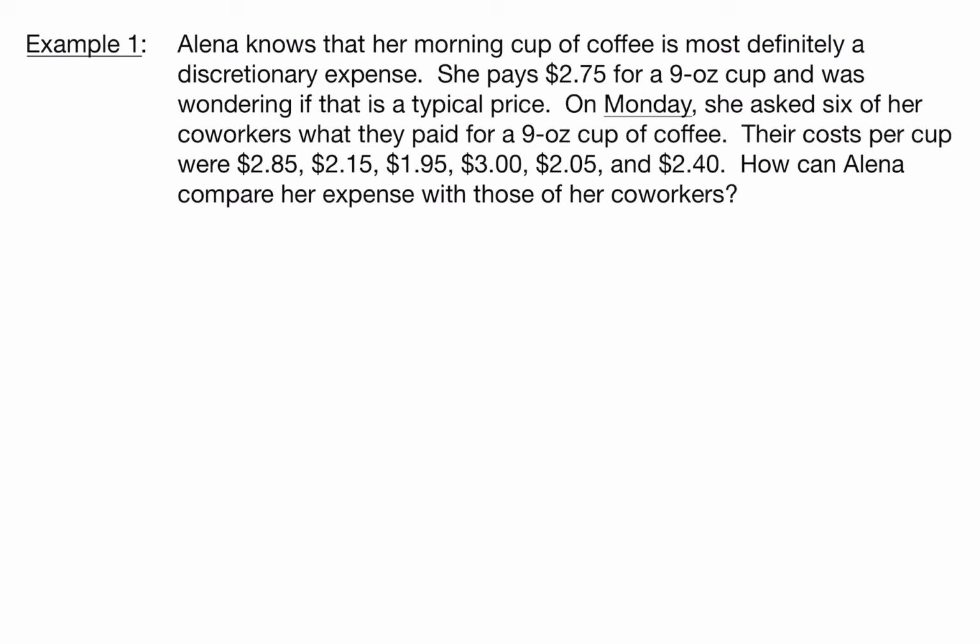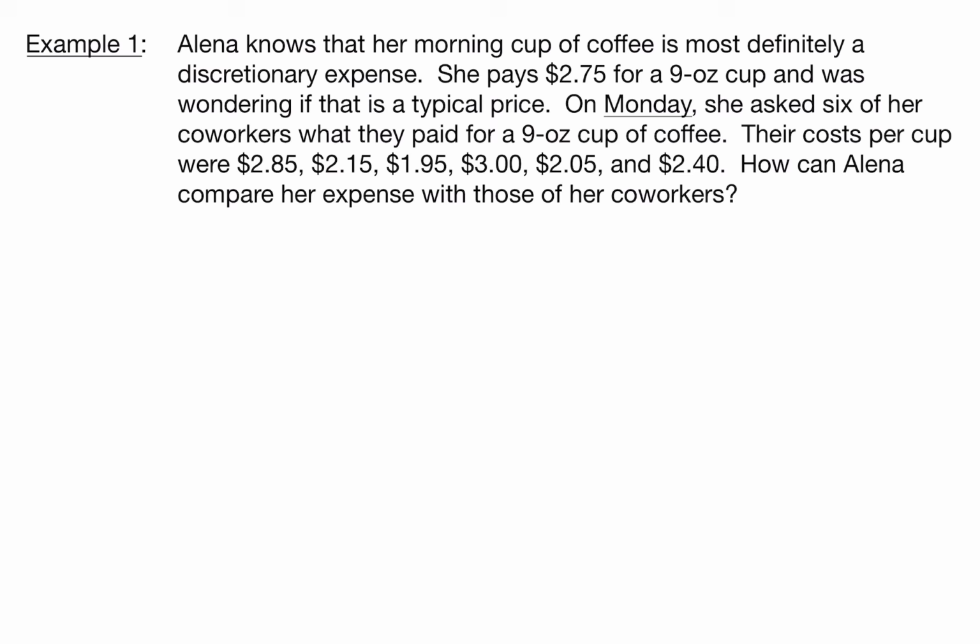Okay, so on Monday, she asked 6 of her coworkers what they paid for a 9-ounce cup of coffee. Their costs per cup were $2.85, $2.15, $1.95, $3, $2.05, and $2.40. Okay, so the question here is, how can Elena compare her expense with those of her coworkers?